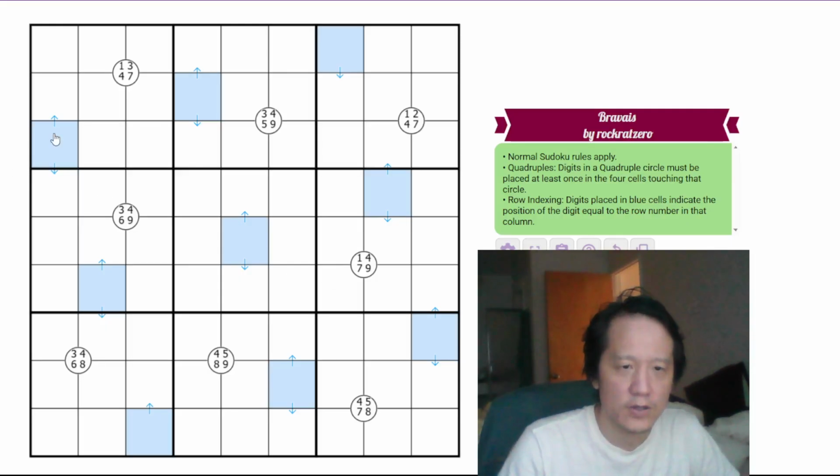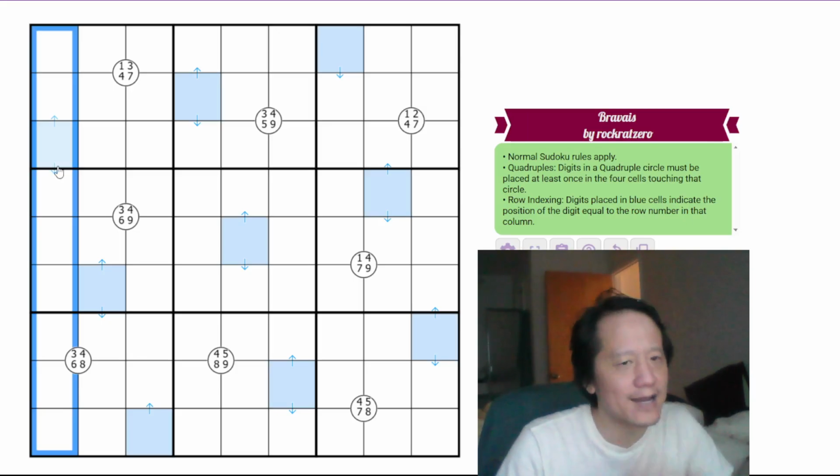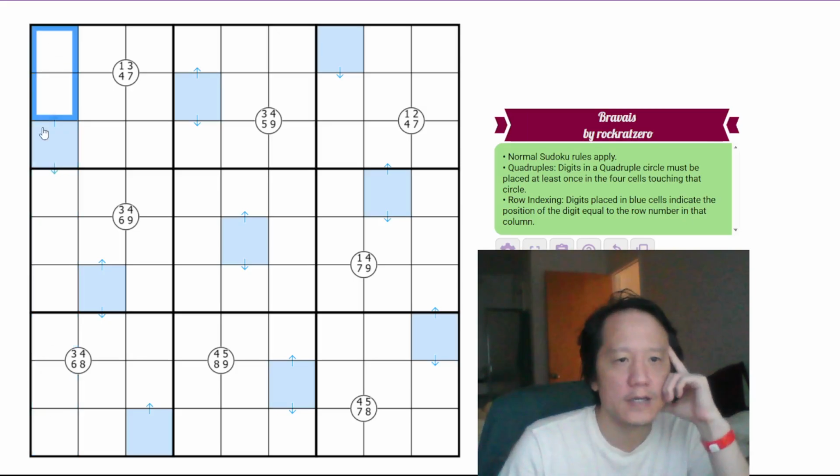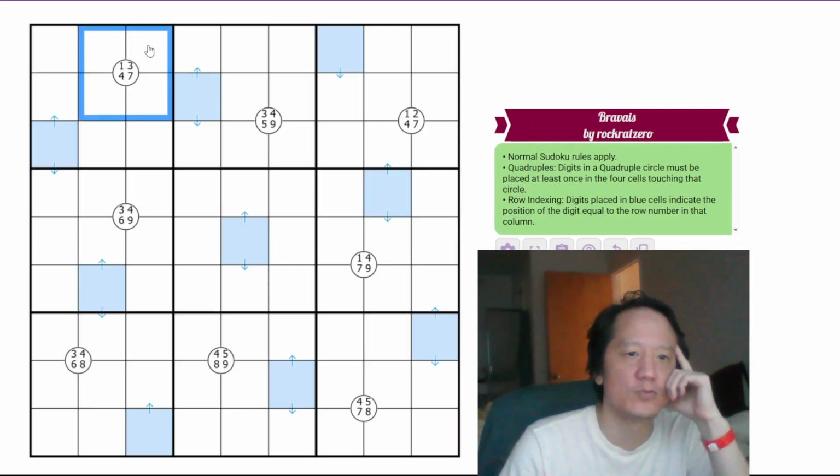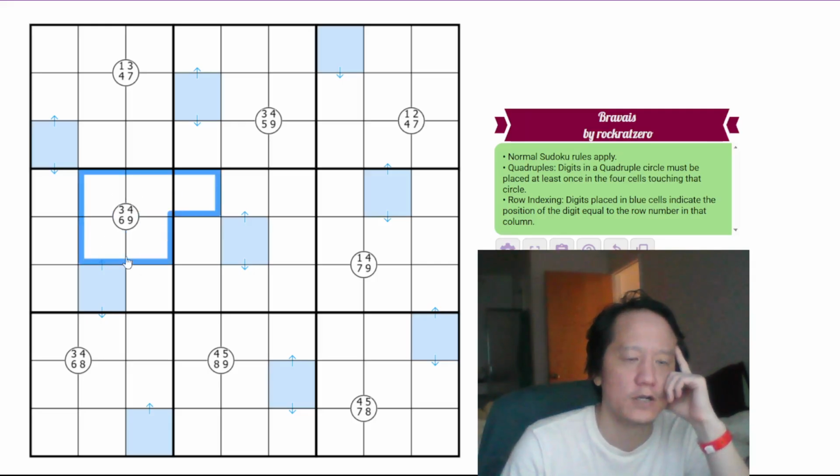Okay, so where can the 3 actually be in column 1? It cannot be here because the 3 must be surrounding the quadruple circle. Cannot be here because it has to be surrounding the quadruple circle here.